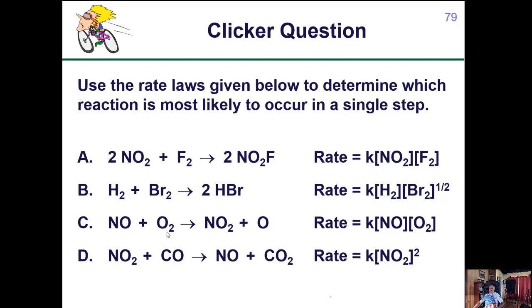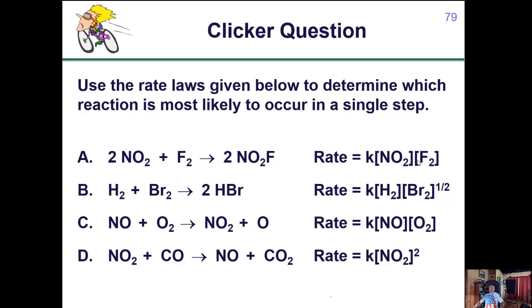And if one of them is an elementary step, then one of these rate laws will be consistent with the molecularity of that single step. Because we know that the rate of an elementary step is determined by its molecularity.